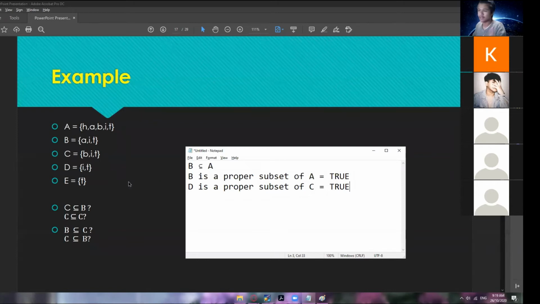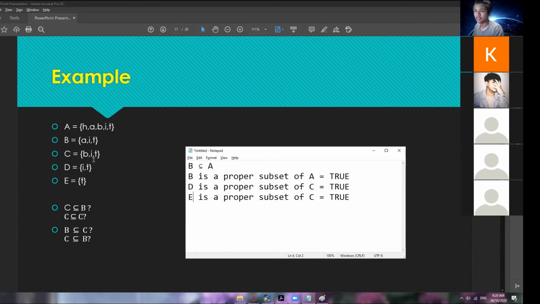Unlike if it's a subset, so as long as meron yung element dito sa right side, subset na siya. Pero sa proper subset, dapat merong isang wala. Okay, at least one.